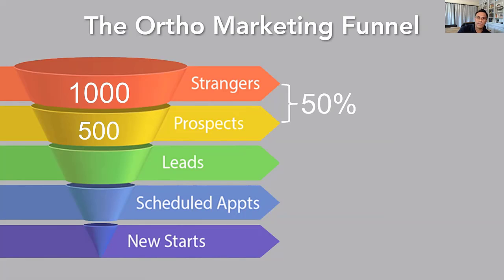So now that we've paid for the 1,000 people, one way or the other, we've always paid for that traffic, whether it's directly online or because we have a great site, we have great blogs, SEO, or word of mouth, whatever. We've paid for those 1,000 people in some sense, one way or the other. We have 500 prospects. Then let's say 3% of those prospects become a lead. So again, I'm saying someone that actually connects with you somehow.